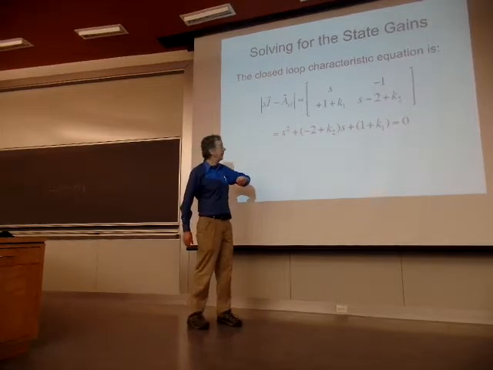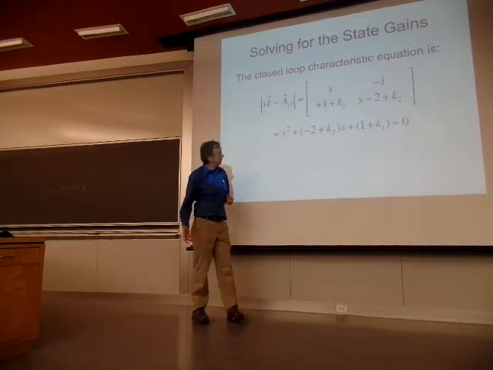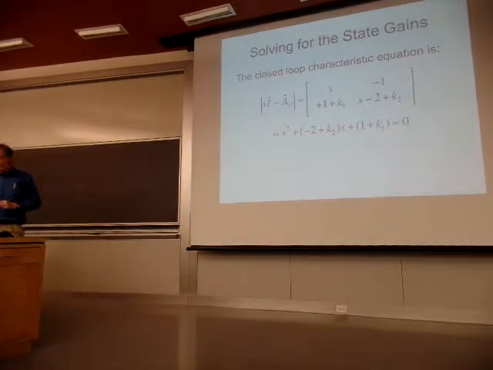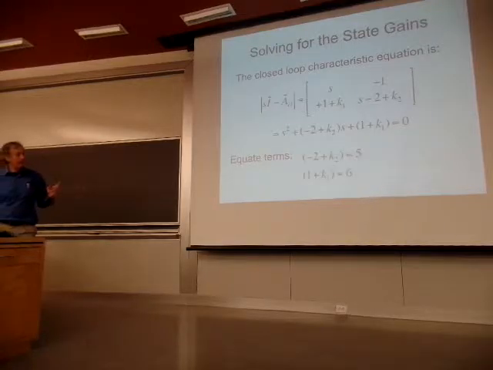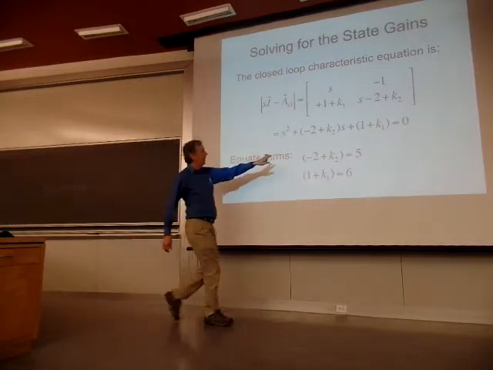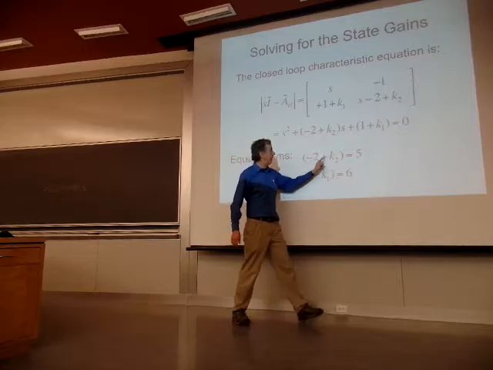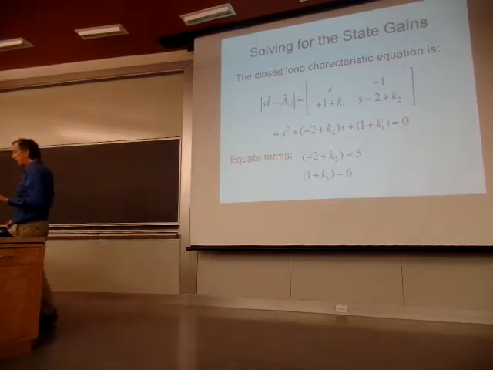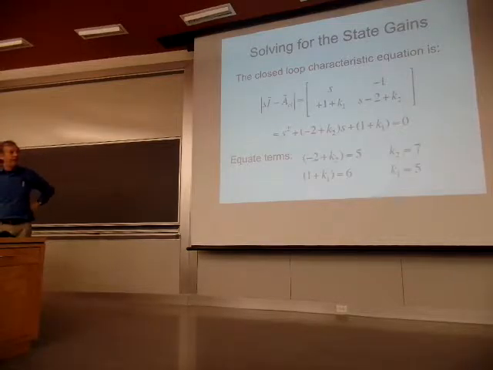Work it out and get a characteristic equation, really easy, second order. Because I wanted my desired characteristic equation to have this term be 5, and that term be 6, I now have two equations, two unknowns. K2 is 7 and K1 is 5.